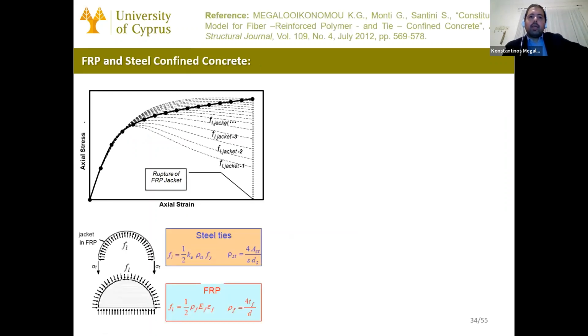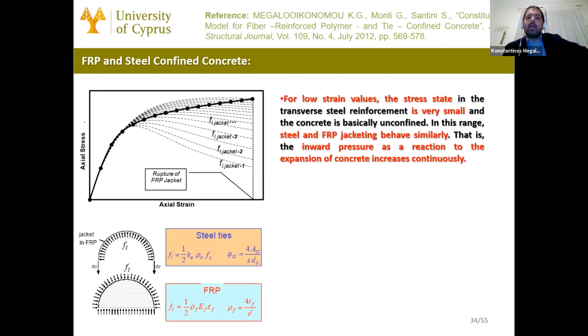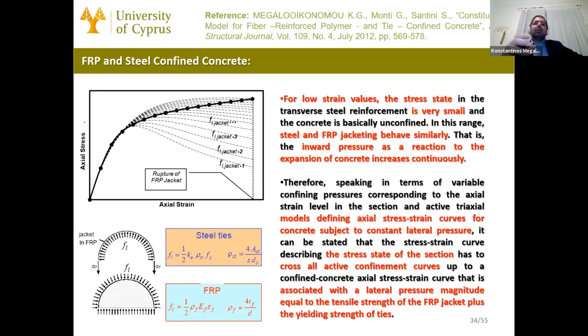So for low strain values, FRP and steel as a confining material behave the same. They put an inward pressure as a reaction to the expansion of concrete, and that increases continuously. For now, thinking in terms of models for steel transverse confinement, concrete is subject to constant lateral pressure.